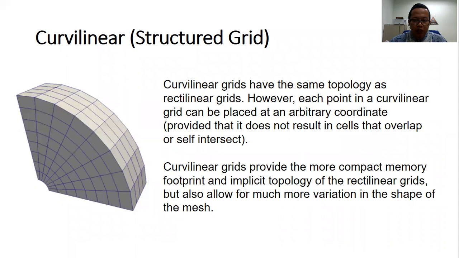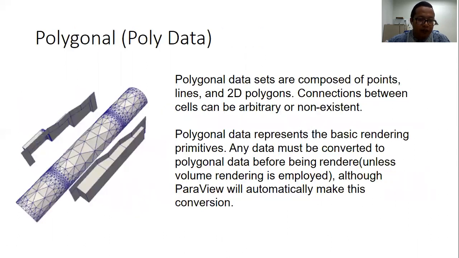However, each point in a curvilinear grid can be placed at arbitrary coordinates, provided that it does not result in cells that overlap or intersect. You can read this one. This is a curvilinear grid in 3D. This is polygonal data, or polydata.